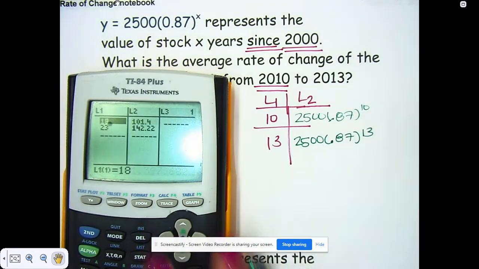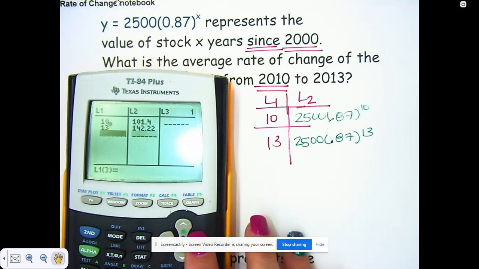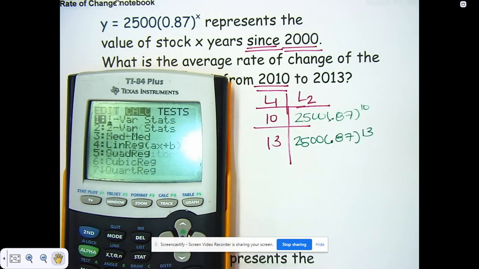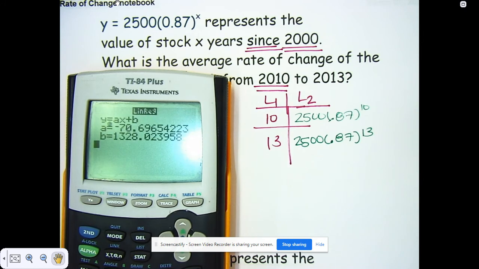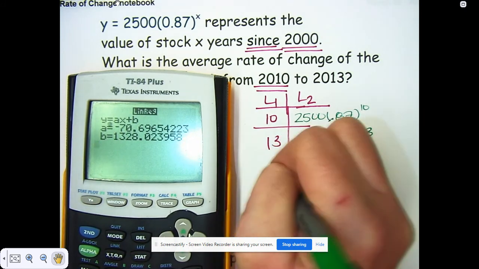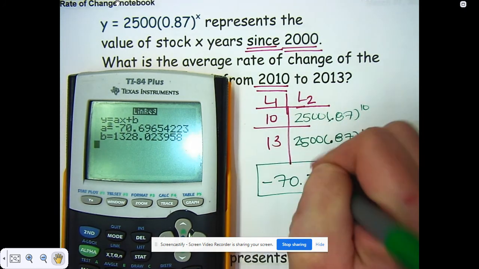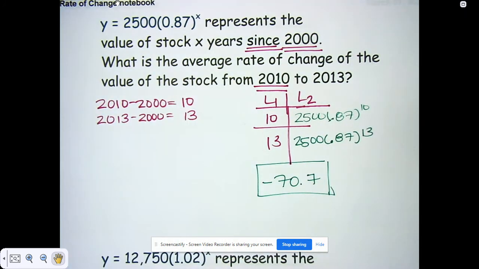Stat edit, 10 and 13, 250 times 0.87 to the 10th, 250 times 0.87 to the 13th, and StatCalc 4. Notice it is a negative 70.7. So that is a negative rate of change because it is decay.